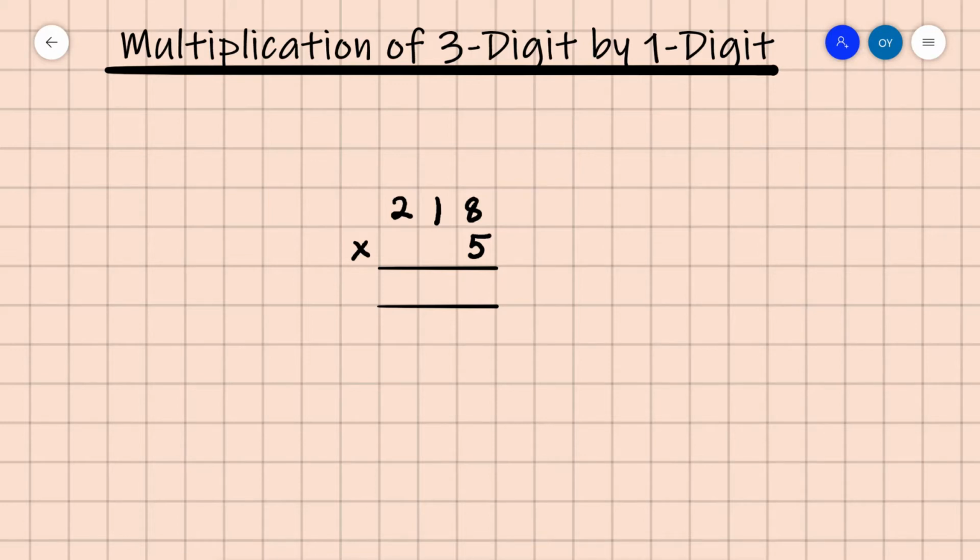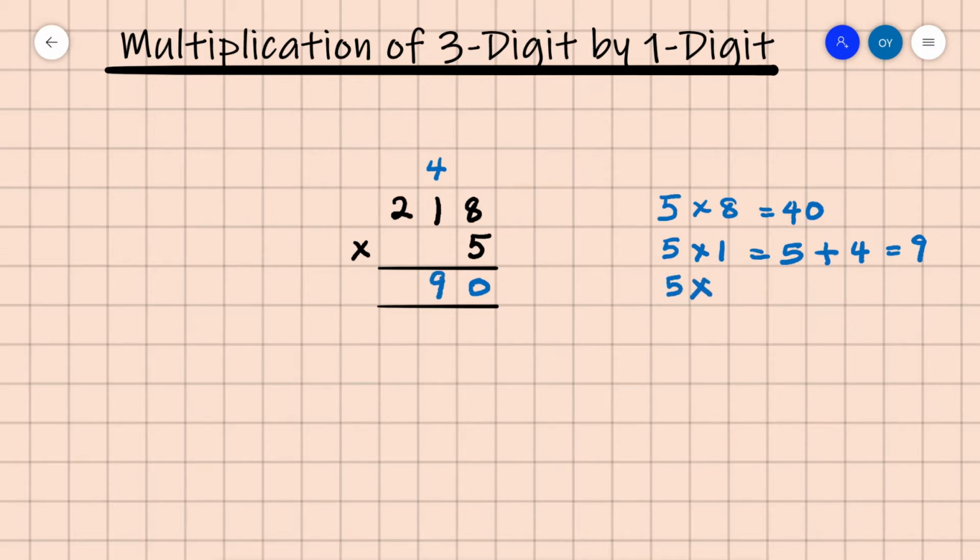218 multiplied by 5. Here, 5 times 8, that is 40. And so we write 0 and carry 4. Then 5 times 1, that is 5, plus the carryover 4, and that is 9.